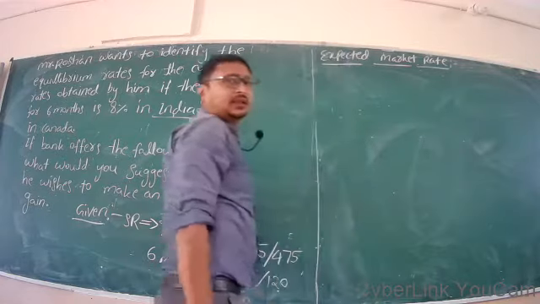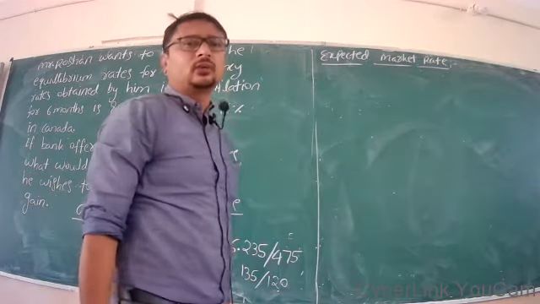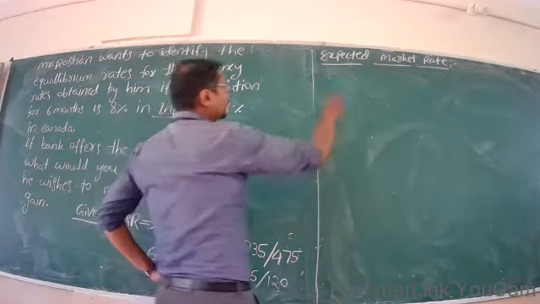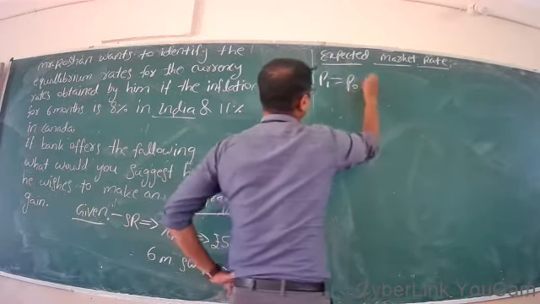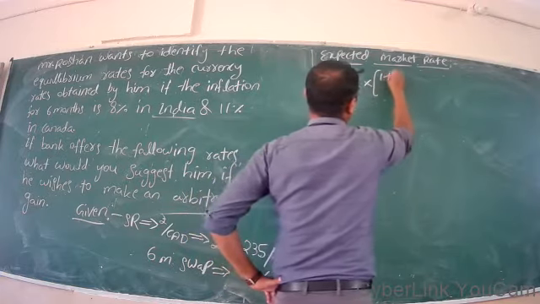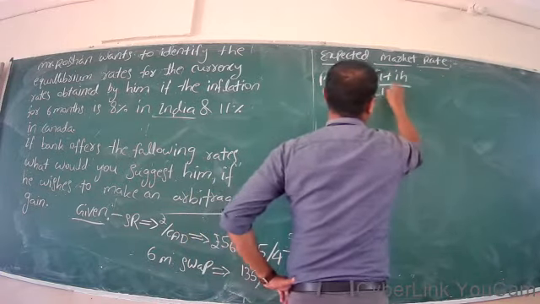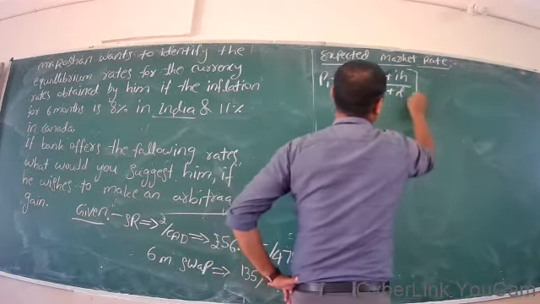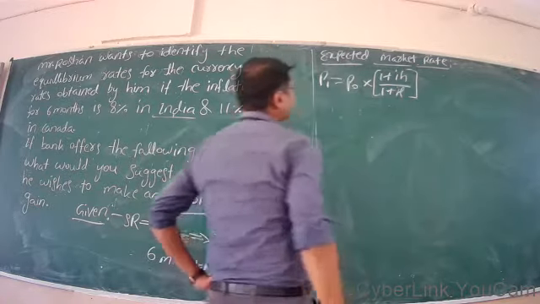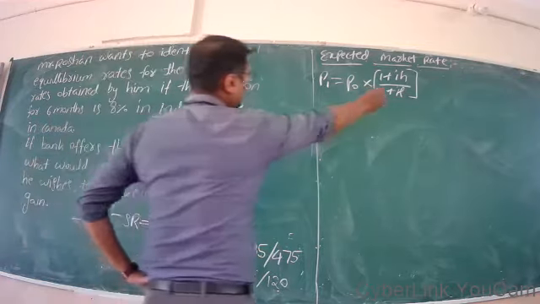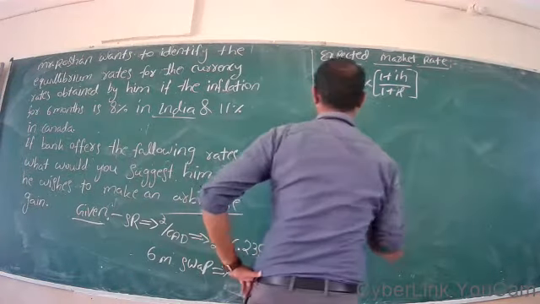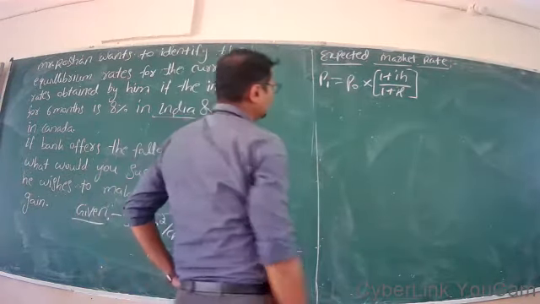To calculate the expected market rate, we need the help of the relative version of PPP. PPP says P1 is equal to P0 multiplied by (1 plus IH) divided by (1 plus IF). IH is the inflation in the home country, that is India, and IF is the inflation in the foreign country, that is Canada, 11%.